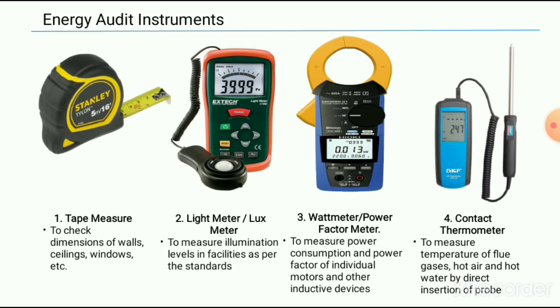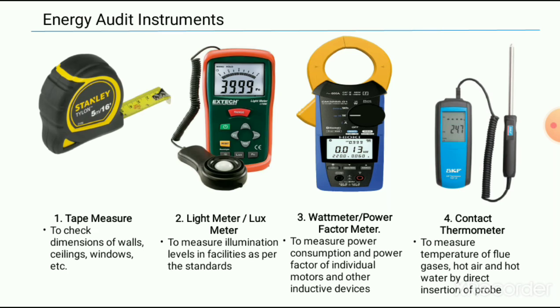Next bit is energy audit instruments. There are a number of instruments. We will see one by one. First is tape measure. It is used to check the dimensions of wall, ceiling, windows, etc. It is shown in the figure. Second, light meter, to measure illumination level in facilities as per the standards.